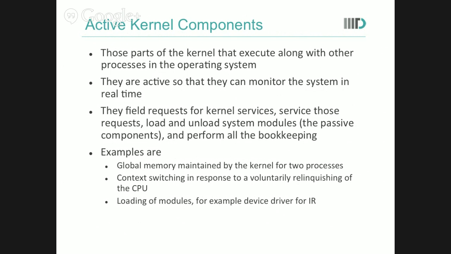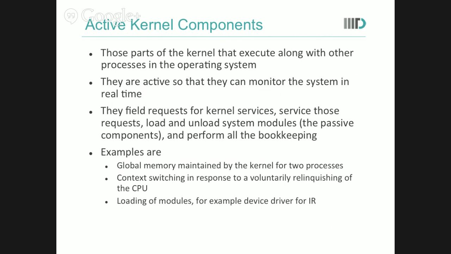Okay. So inside every kernel, there are some things which are active and some things which are passive. Take any example of any kernel. I'm not just talking about one kernel or another. Every kernel will come with passive and active components. The active components are continuously executing. For example, global memory maintained by the kernel for two processes, or context switching, continuously switching context between processes, that is always active.